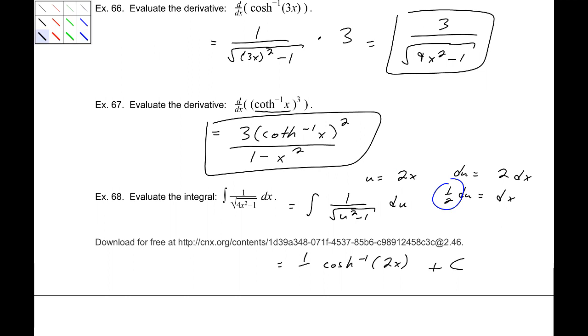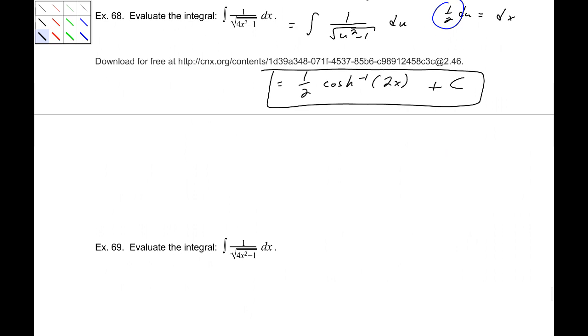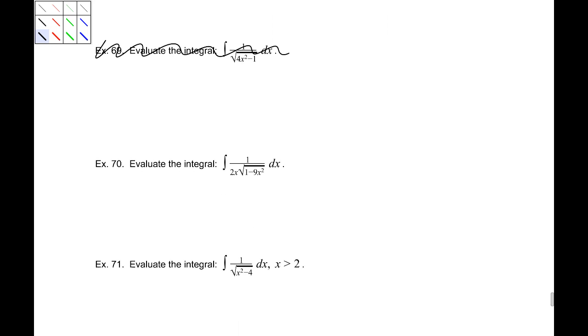So 1/2 hyperbolic cosine inverse of 2x plus c. Alright, 69 is a repeat. Look at that, free one. Number 70.